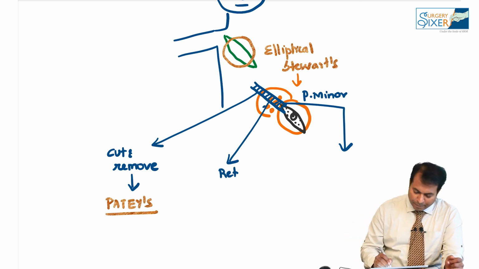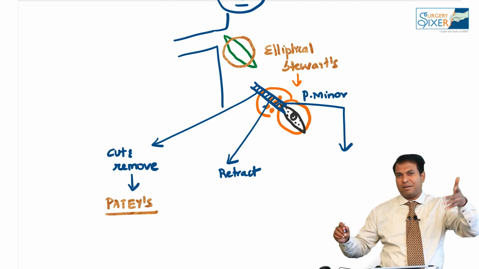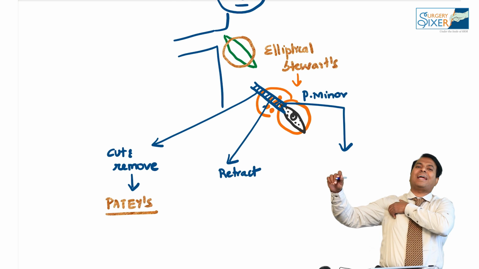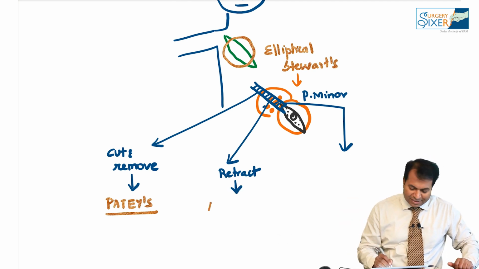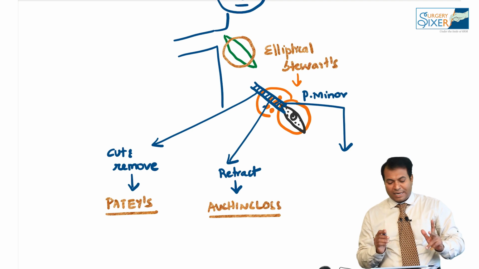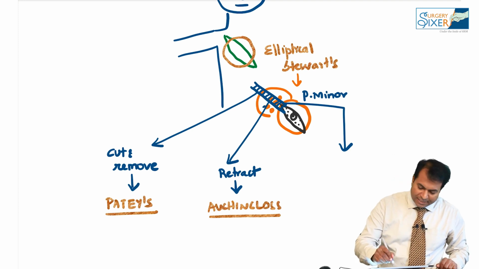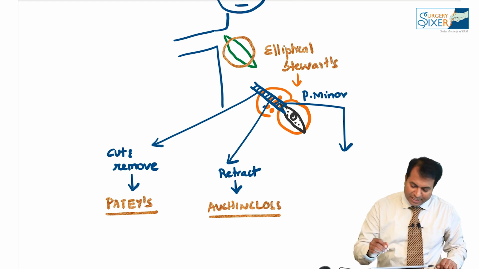Retract: you retract from this side. Call the first year PG and ask him to come and retract the pectoralis minor. The retractor first year PG himself is known as Auchincloss. We call him Auchincloss. So cut and remove is Patey's, and retraction is Auchincloss.